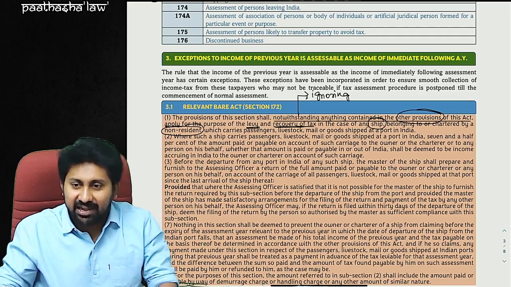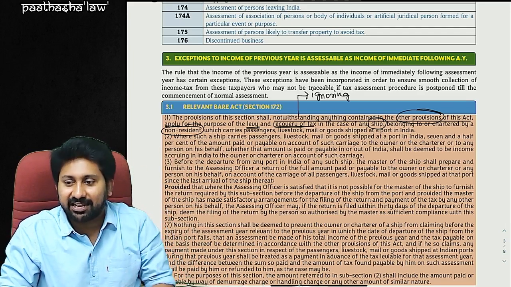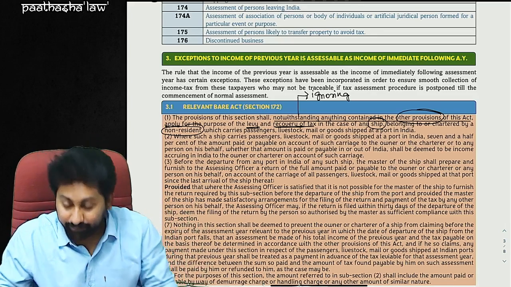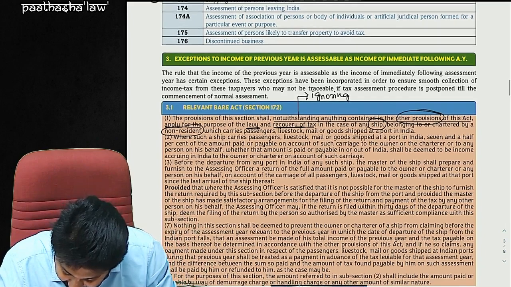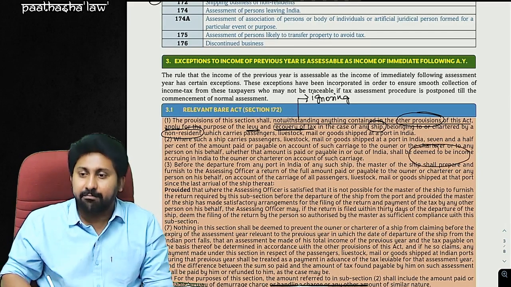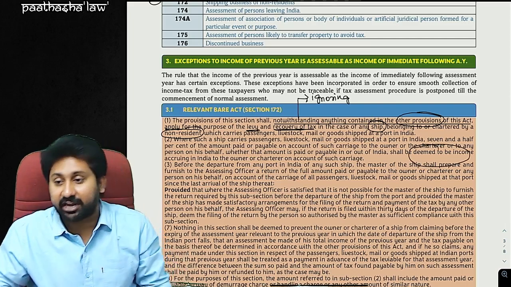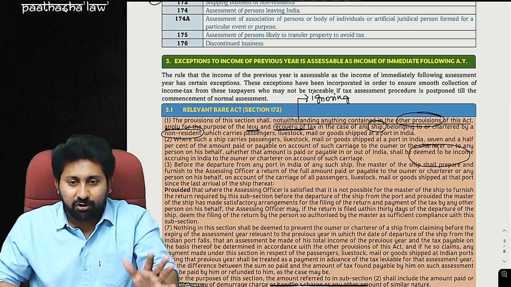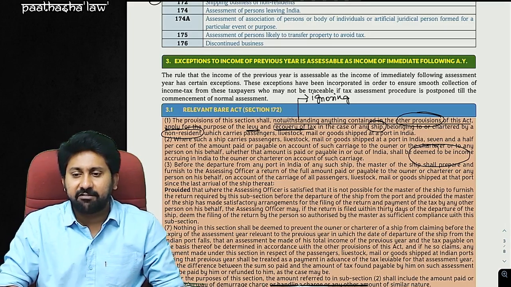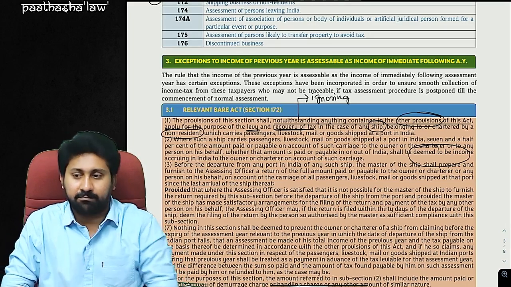Therefore, is really 92.5% expenditure there? No. It may be more, it may be less, we don't know. But it shall be deemed as income. Deemed. Legal fiction is created. Though it may be more, it may be less, I don't care. You collected freight, yes, 7.5% will be treated as a presumptive income.